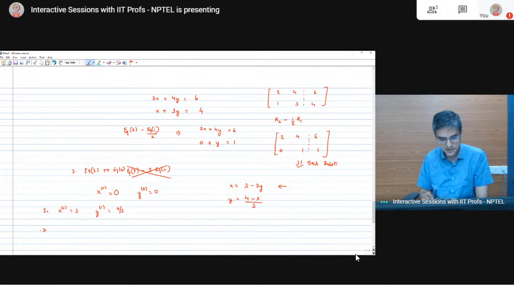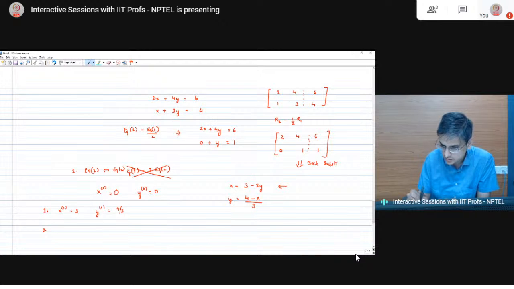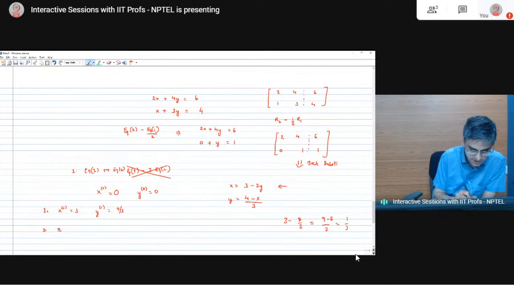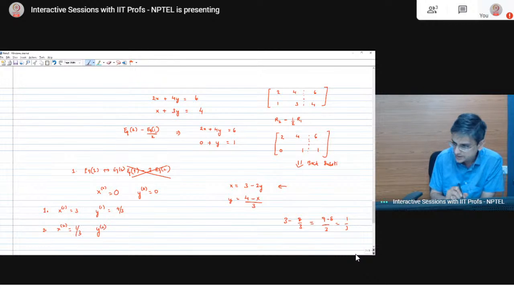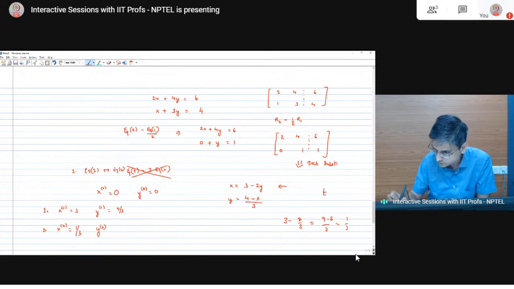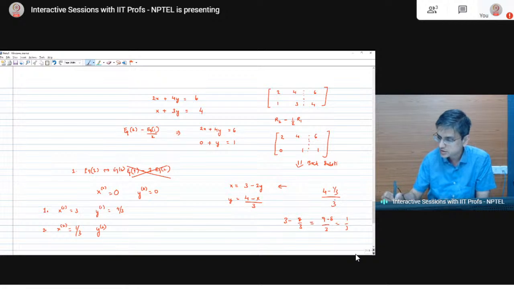Second iteration, I substitute y equal to 4 by 3 in this equation, and that is going to be 3 minus 8 by 3, which is equal to (9 minus 8) by 3, which is equal to 1/3. So x2 is 1 by 3, y2 is going to be 4 minus x, so it is (4 minus 1 by 3) divided by 3, so that's (12 minus 1) by 9, 11 by 9.